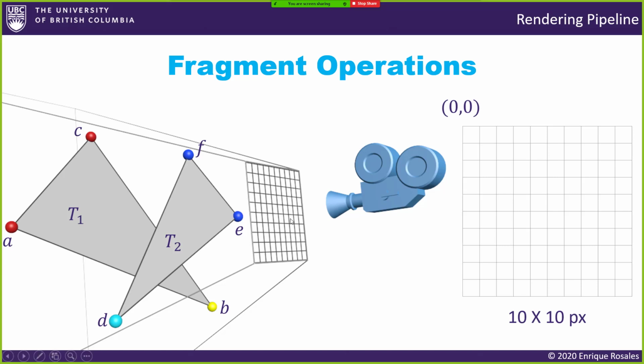Okay, so having these triangles, the triangle vertices, in this case A, B, and C for T1, D, E, and F for T2, they have information, right? We know that. They have position, normals, they can have texture coordinates, and of course they have their color.